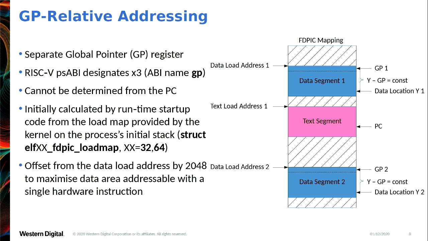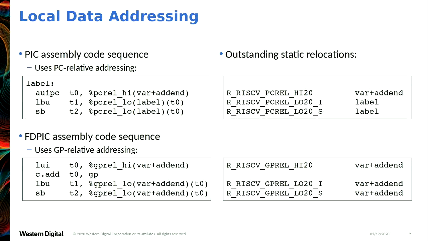And with this arrangement, the offset from any data location within the data segment will be constant from the value of the global pointer. So we need to define new relocations for the static link, because the code example at the top shows the relocations used for PC relative addressing.